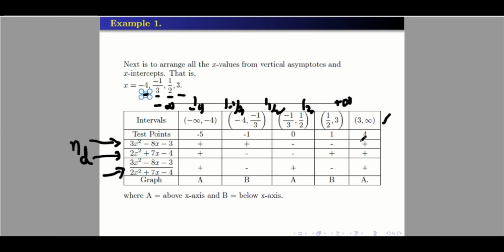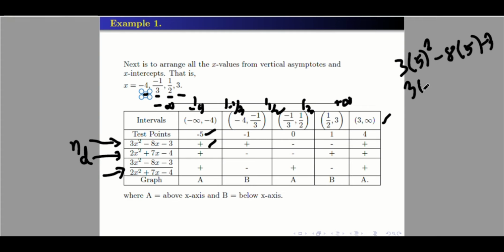If you notice, these are signs, positive and negative. All you need to do is, again, substitute these test points into the given expression. For this one, why is it positive? We have 3 times 5 squared minus 8 times 5 minus 3.